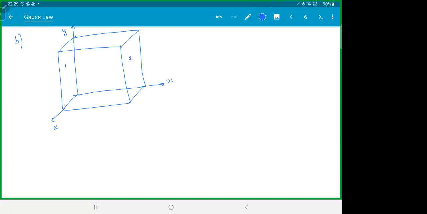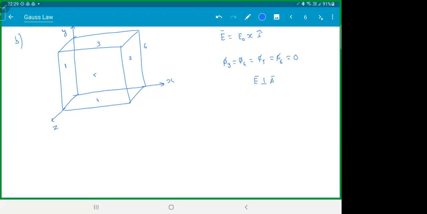So 1, 2, 3, 4, 5, 6. So we're talking about field is equal to E naught x I cap. So the flux in 3, 4, 5, and 6 is still 0, right? Because E is perpendicular to A bar.